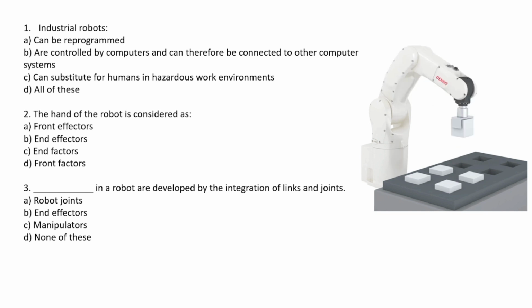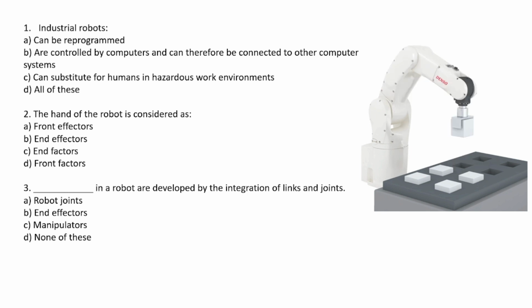So that's the reason it is controlled by computers and can therefore be connected to other computer systems as well. Then option C: can substitute for humans in hazardous work environments. We have already discussed that. For example, robots can be used to handle toxic chemicals, operate heavy machinery, or perform tasks in high temperature environments.